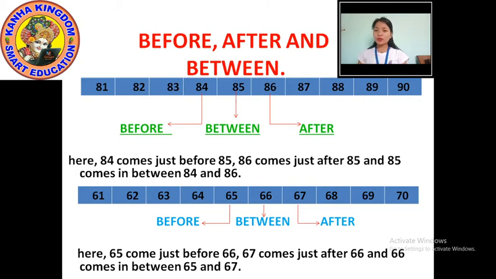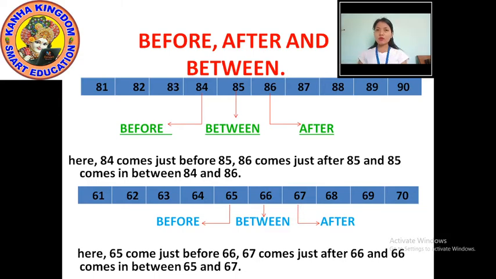See the difference between before, after and between. After means the number comes after a given number. For example, 86 comes just after 85, and 84 comes just before 85, and 85 comes between these two numbers, that is 84 and 86.